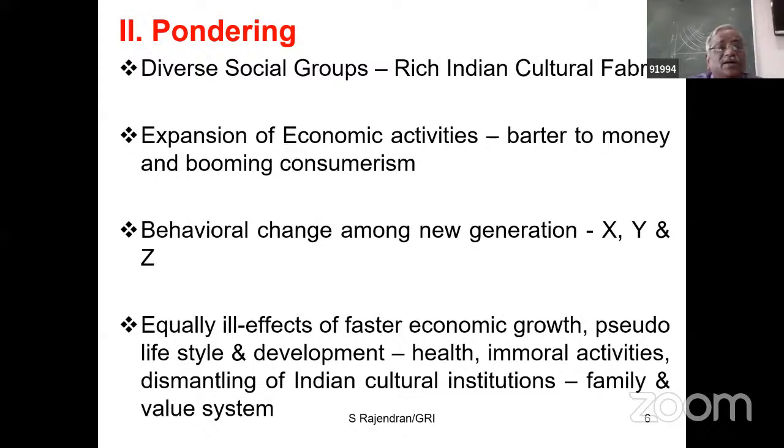Therefore, the diverse social issues in India lead us to take up research, and in many cases researchers, not only from the economics discipline but also sociology, anthropology, and history, many foreigners, come here and take up research. And then there has been a tremendous change in the economic spectrum, in day-to-day activities, from a barter system to a strong money system, and then booming consumerism.